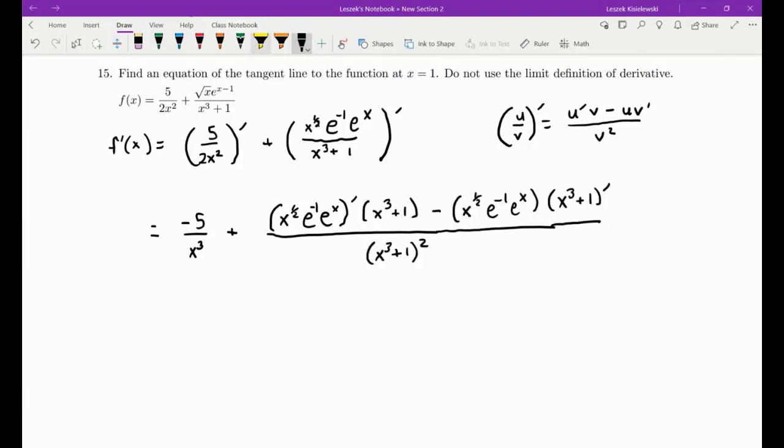Okay, now I'll go ahead and focus on differentiating the two factors, the numerator. So here we're going to use the product rule, where the first factor, let's say u, is this square root of x, and the second factor is this constant times e to the x, our exponential function.